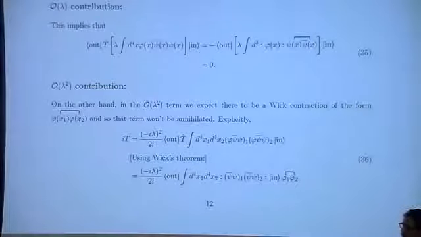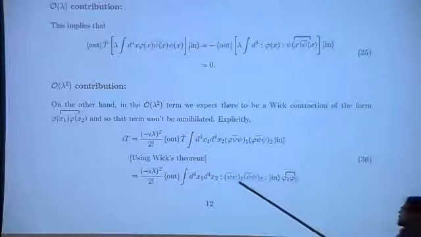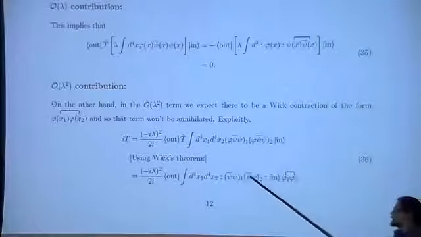Because any term which doesn't have this contraction will not contribute. So we look at the term where there is only one contraction. You might say, what about terms where there is a contraction between these guys? You can show that those terms will be 0.